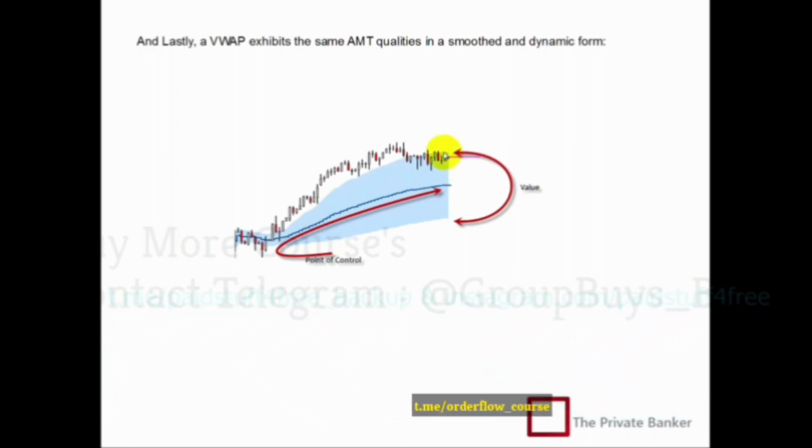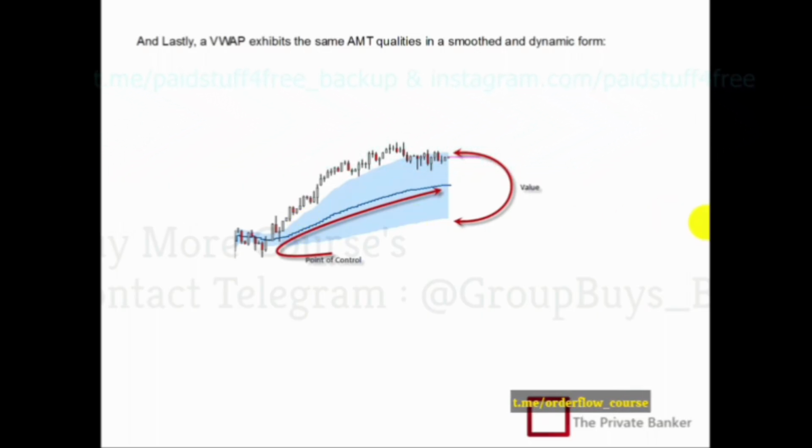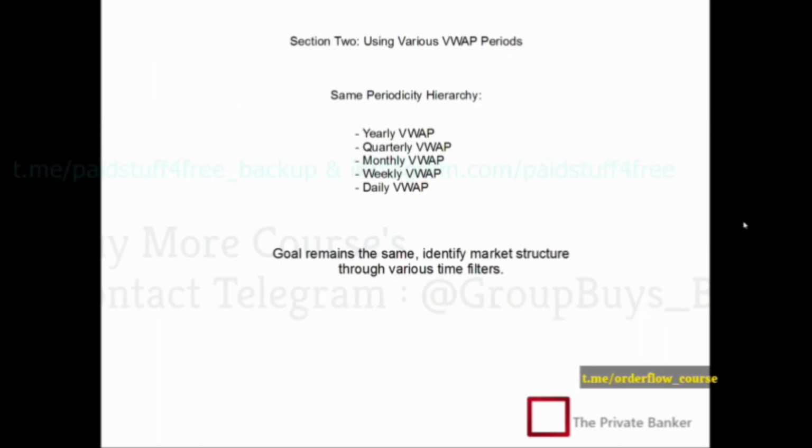So in a sense, it's just the basic bell curve concept: this is our outer extremes and this is our median. Very simple. It falls into that same thought process that you would see with any other auction market theory thinking.